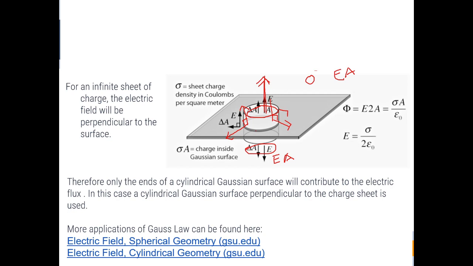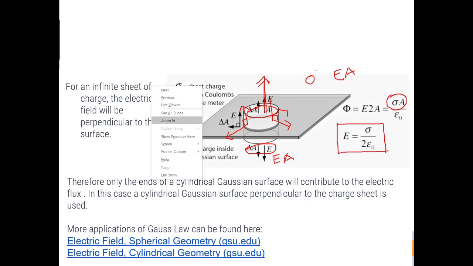So the net flux is twice EA, or E times 2A, and this should be equal to Q upon epsilon 0, and we are replacing Q as sigma A, where sigma is the surface charge density of the sheet, sigma A upon epsilon 0. So the net field due to this is given as E is equal to sigma upon 2 epsilon 0. So that's how you apply Gauss law to find the electric field due to an infinite uniformly charged sheet.